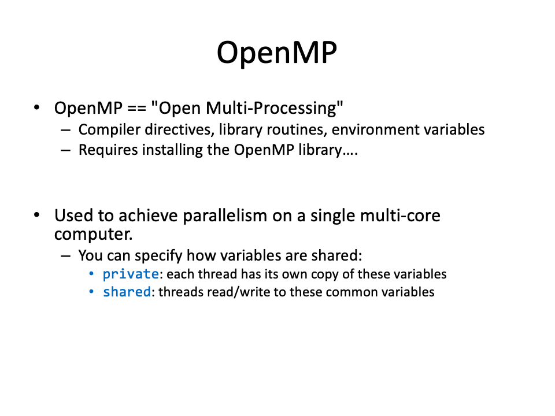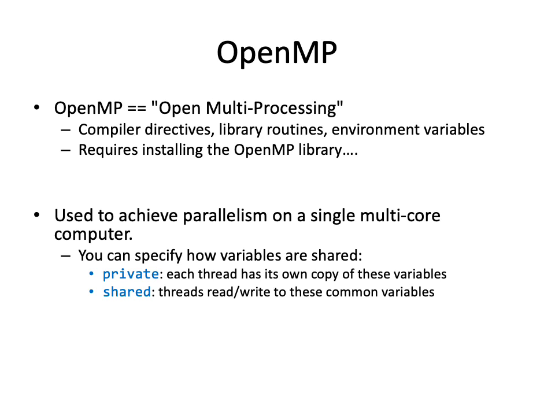Now you can specify how variables are shared. Each of the different threads or processes will run pretty much the same code. They can branch a little bit, but it's kind of like when you create a clone of a process. It has a lot of the same variables. It copies over the variables. In the same way, when you spawn new threads using OpenMP, they're all going to share the same variables by default.